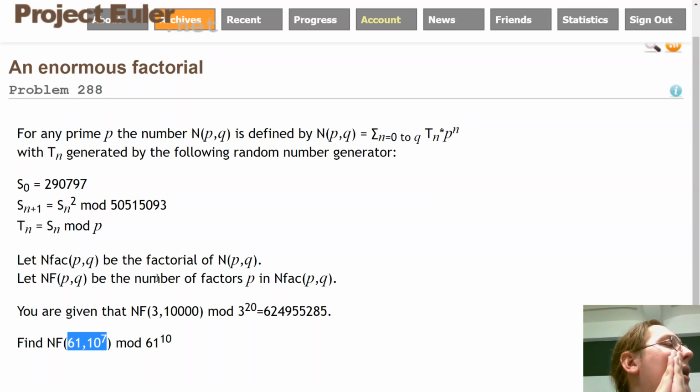But here, for example, say n is 10,000. Let's say the number was 1,000,000. Then the n factorial is the factorial of 1,000,000. And then you need the number of factors 3 in that.